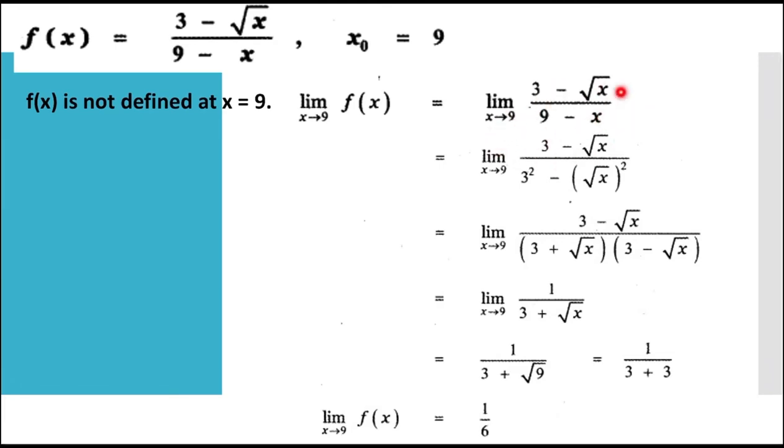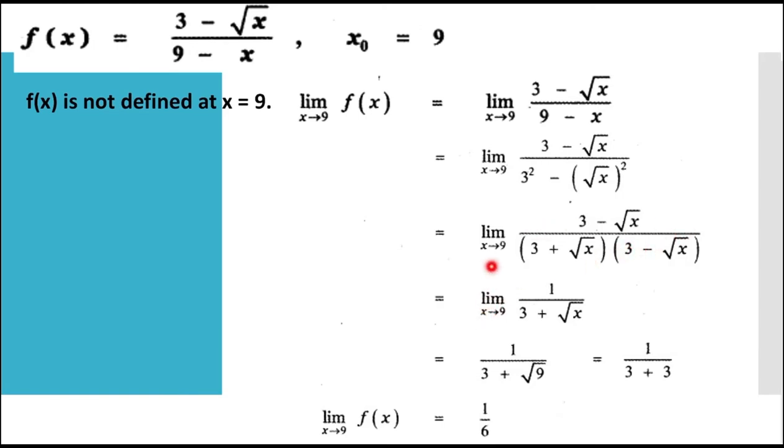We can factorize the denominator. I write 9 minus x as 3 square minus root x the whole square. So, it is of the form a square minus b square. So, a plus b into a minus b. So, 3 minus root x divided by 3 plus root x into 3 minus root x. We can cancel 3 minus root x in the numerator and denominator.